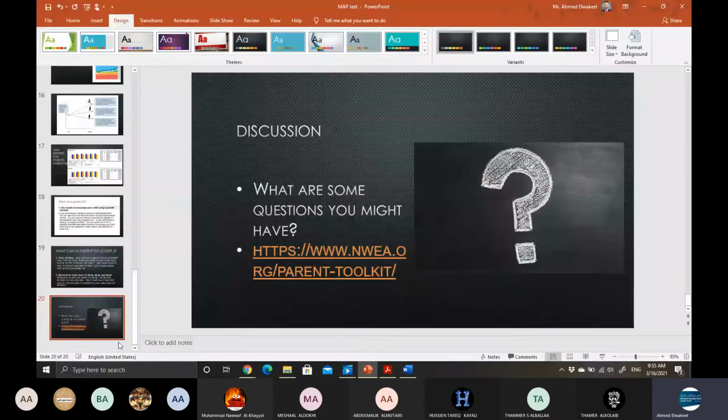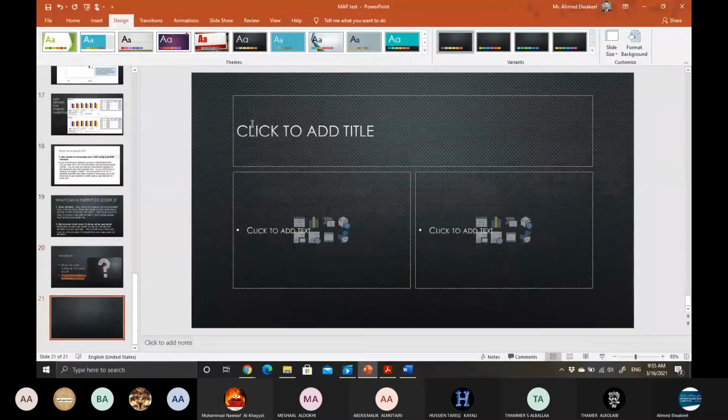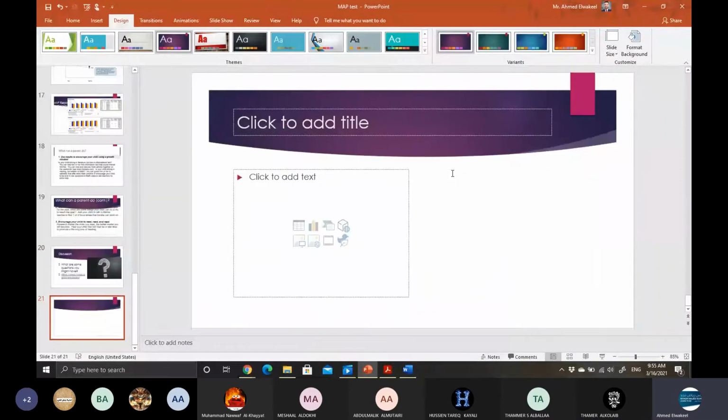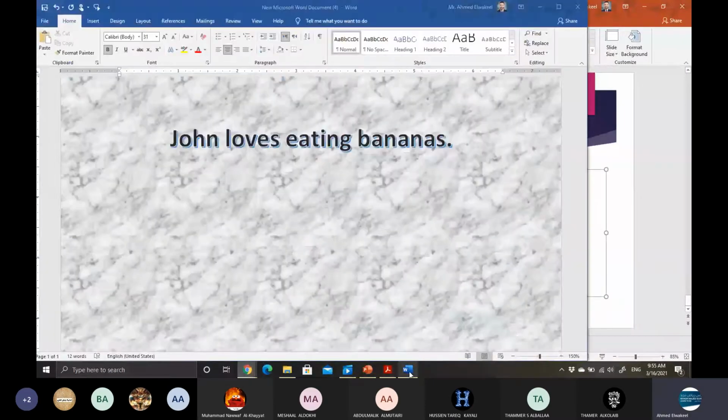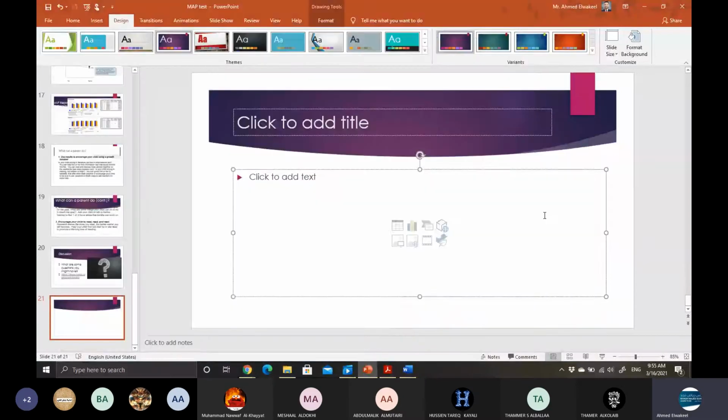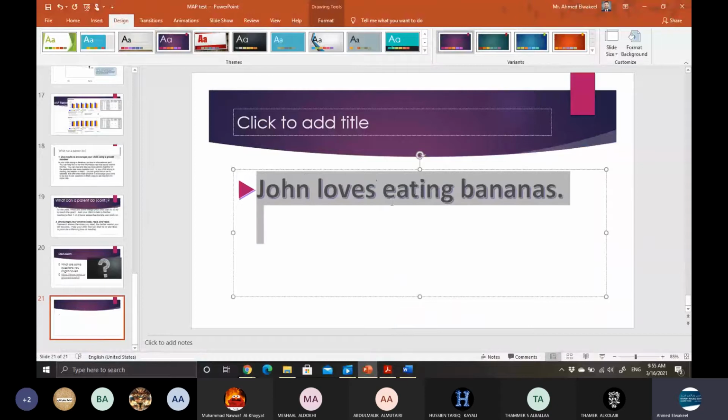It's going to be better if we just copy this and let's see if this sounds better. Let's delete this one and modify this.